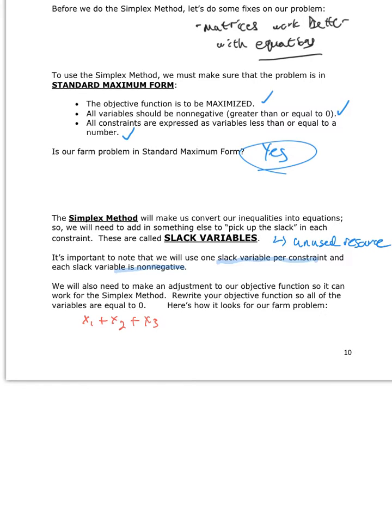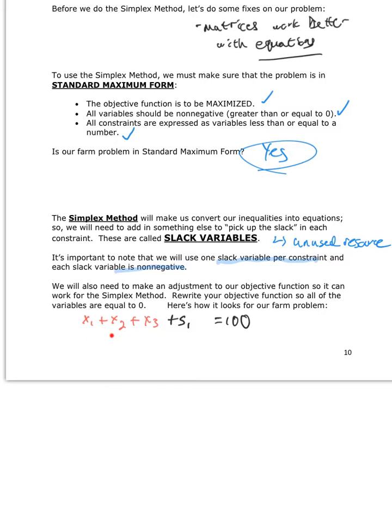And in order to make that an equation, I need to add in my slack variable s1. Okay, so basically what this means is all of my acreage for the three different crops put together, plus whatever I didn't use. Okay, so let me highlight that one more time. All of this acreage that I'm using, plus what I didn't use, has to equal 100.